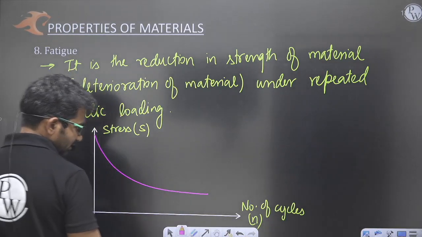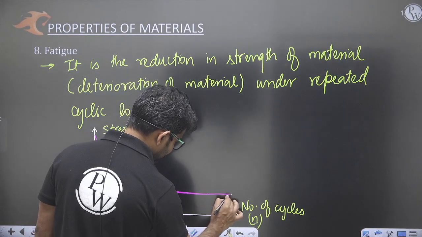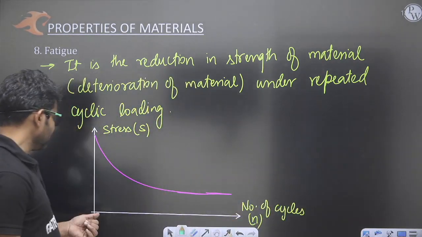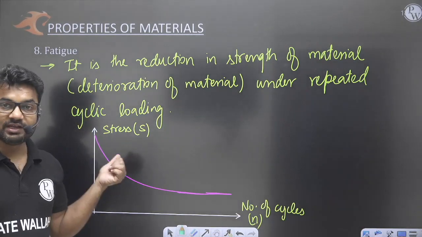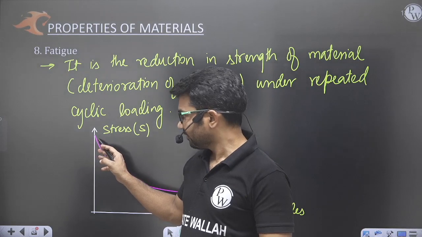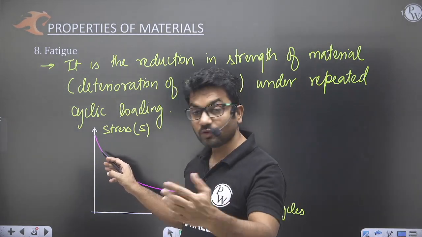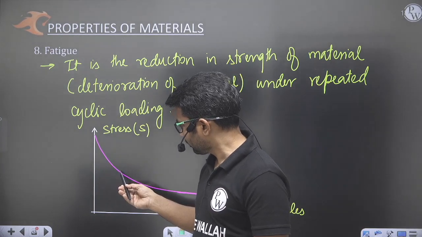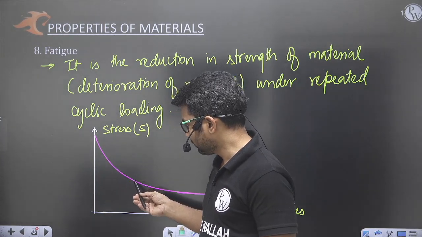After a while, it becomes horizontal. What this curve represents is that if I apply very high stress, the number of cycles required is less. If the stress reduces, the number of cycles required to produce fracture increases. Here the number of cycles is even more.